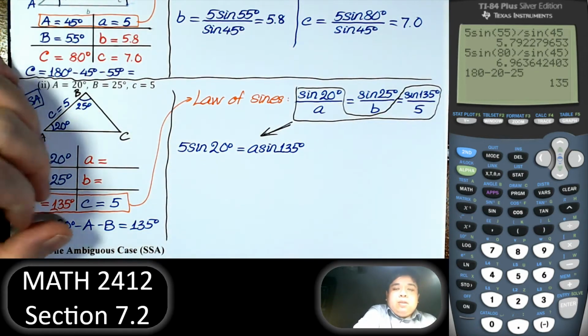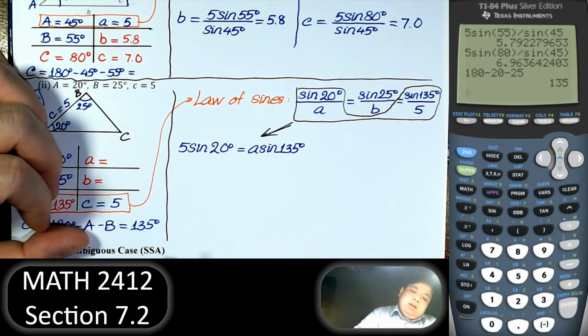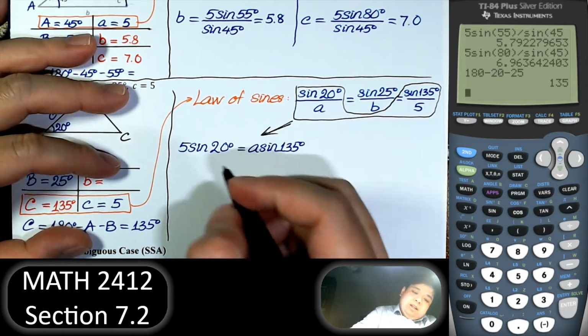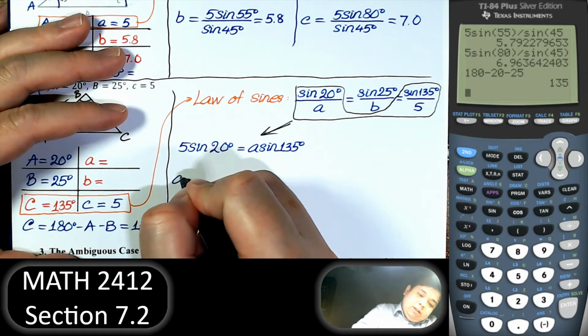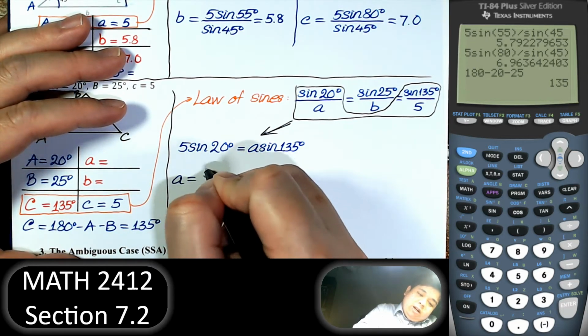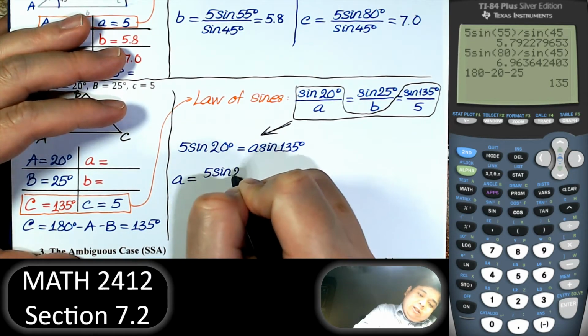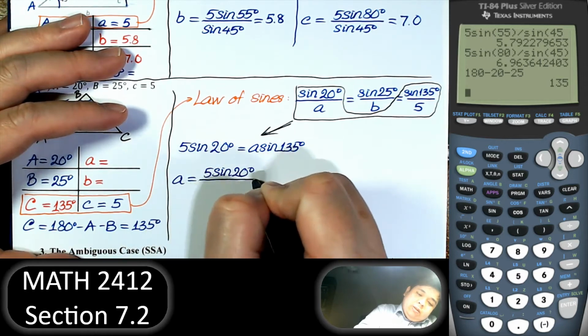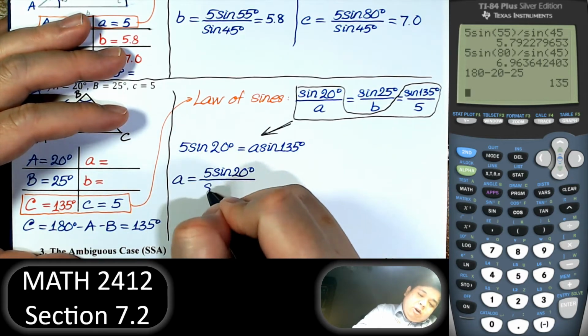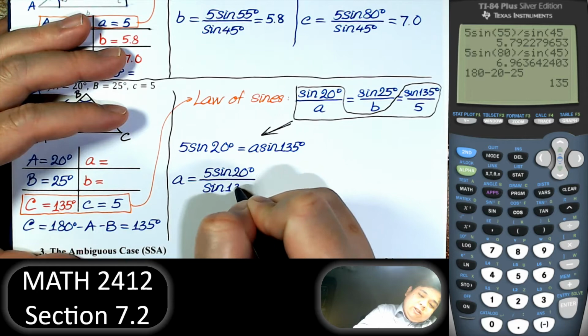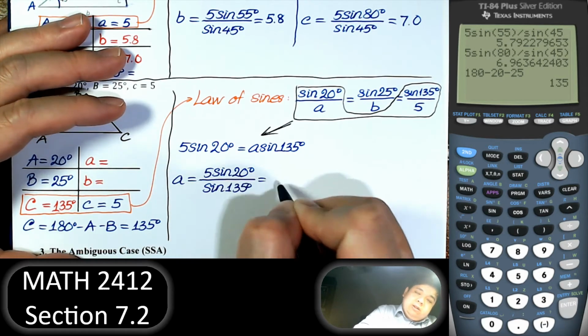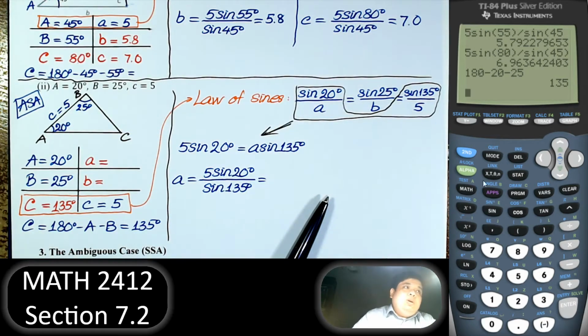Right? Cross multiply, and then solve for A. We have 5 sine of 20 degrees divided by sine of 135 degrees. So we could enter fraction if we want to.